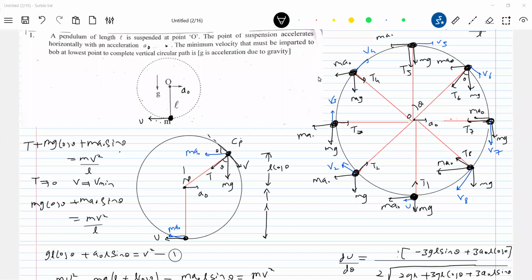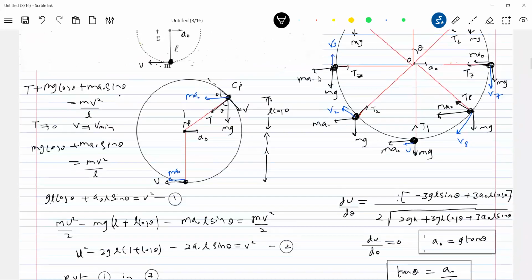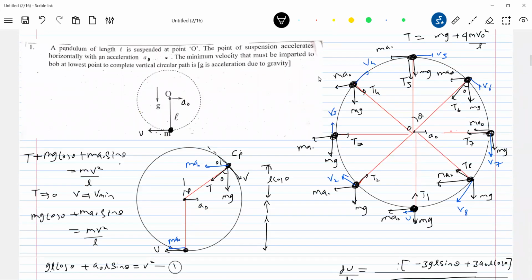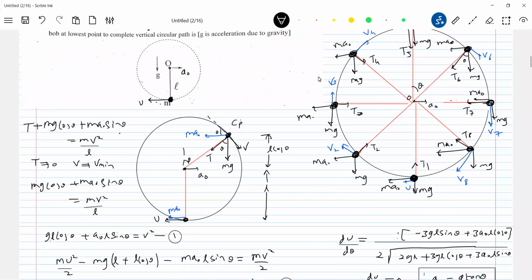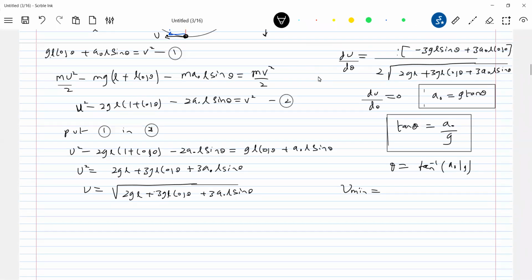So theta equal to tan inverse of A naught by G, when the string makes an angle theta. Theta I defined like this, with respect to the vertical. Now look at the critical point. First we'll calculate the sin theta and cos theta values. So this is theta. Tan theta is A naught by G, so the hypotenuse will be root of A naught square plus G square.